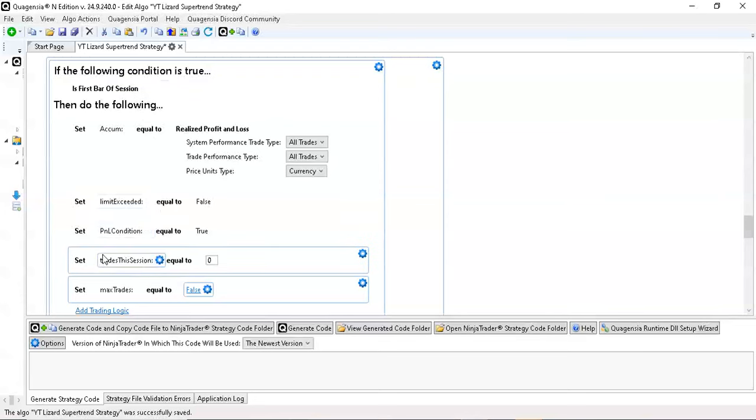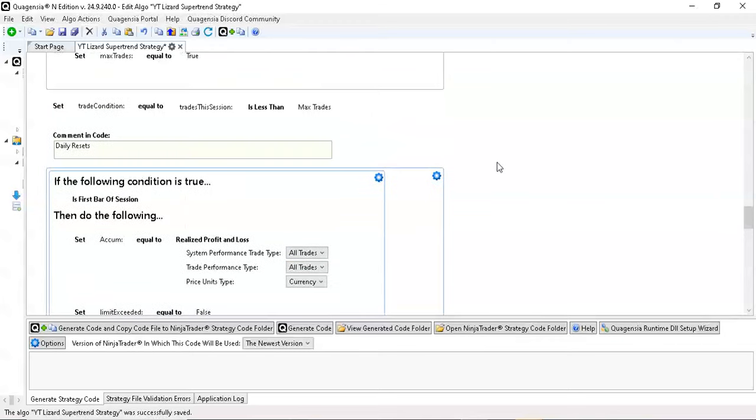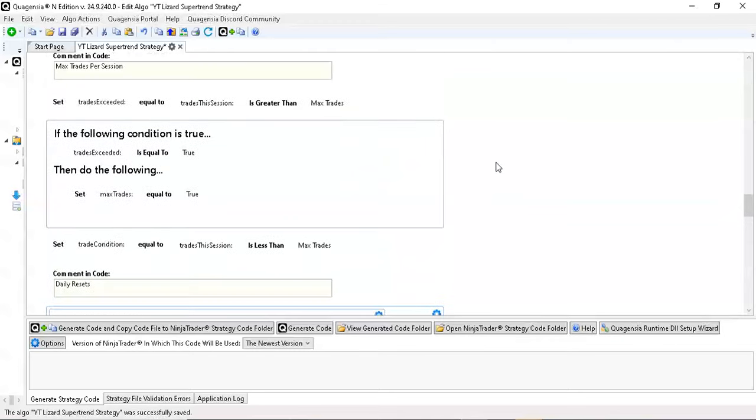All right, so this code does a few things. It checks if we exceeded the amount of max trades this session. If we have, it sets our flag of max trades to true once it has exceeded the max trades this session.